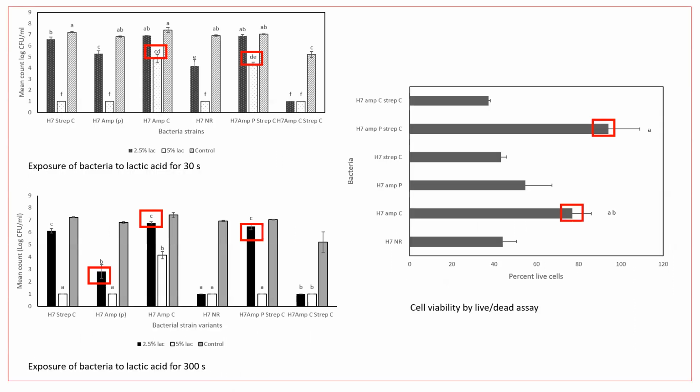And these were results that we got for exposure. So we exposed them for 30 seconds and 300 seconds, basically to mimic what we have in food production. So, when you think about the production process, no one really has the time to soak a food product, or in this case, beef, for, let's say, 30 minutes to kill off the bacteria before they take it out for consumption.